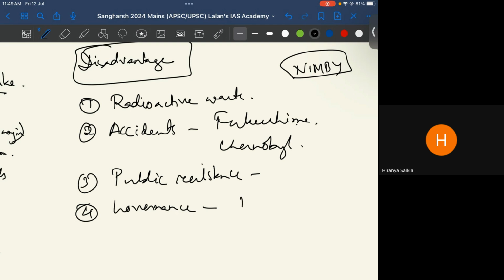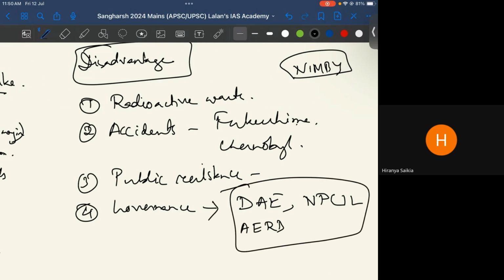We have the Department of Atomic Energy, the Nuclear Power Corporation of India Limited, and the Atomic Energy Regulatory Board. So there are institutions to look into it, and then the issue of how to govern it properly.